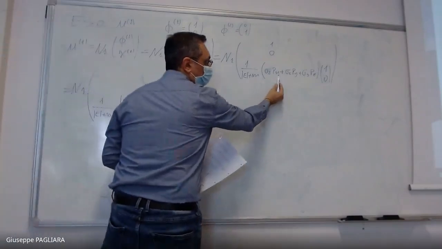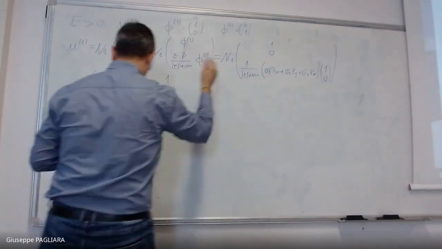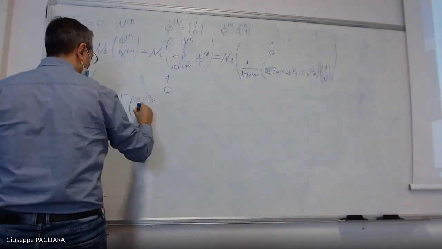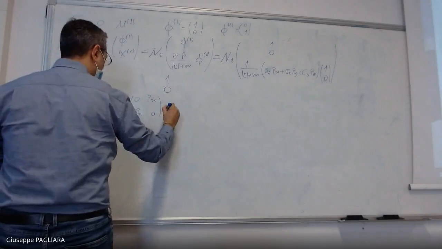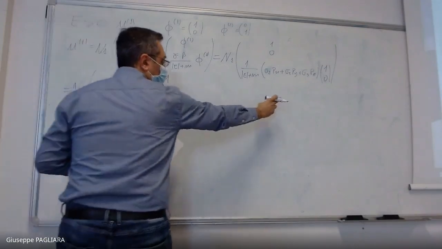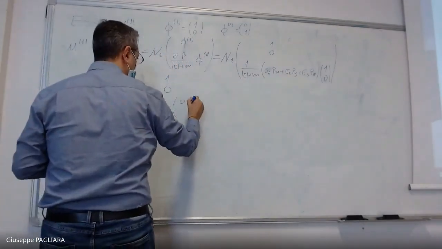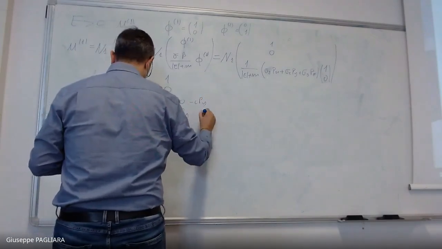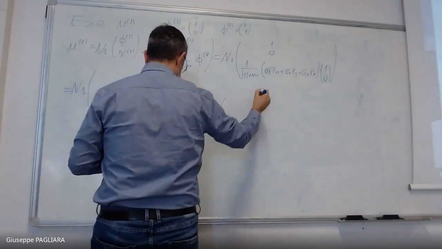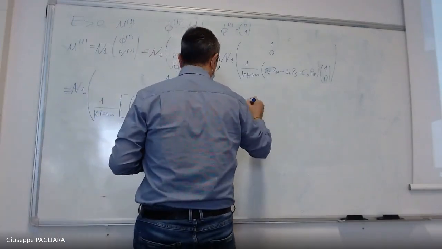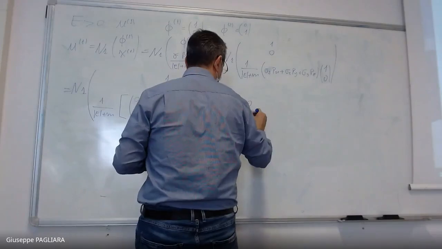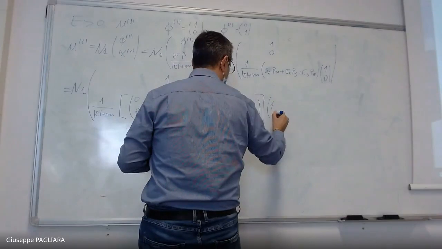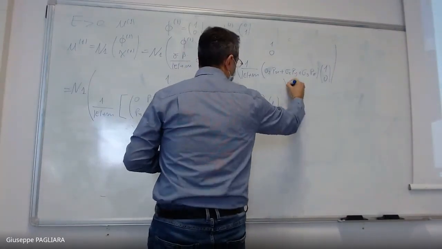We multiply now px with the first Pauli matrix, which is (0, px; px, 0), plus, now on the second Pauli matrix, (0, minus i py; i py, 0), plus pz times (1, 0; 0, minus 1), acting on (1, 0).